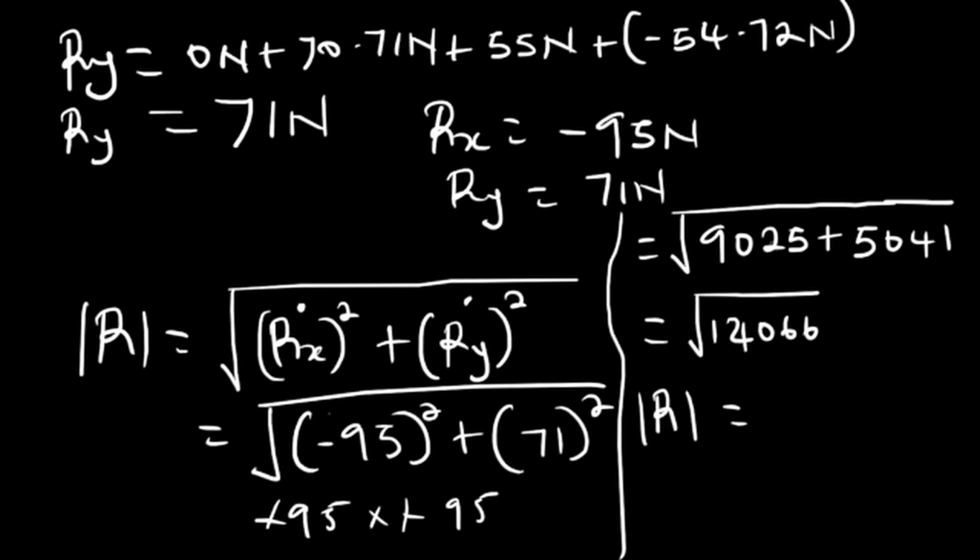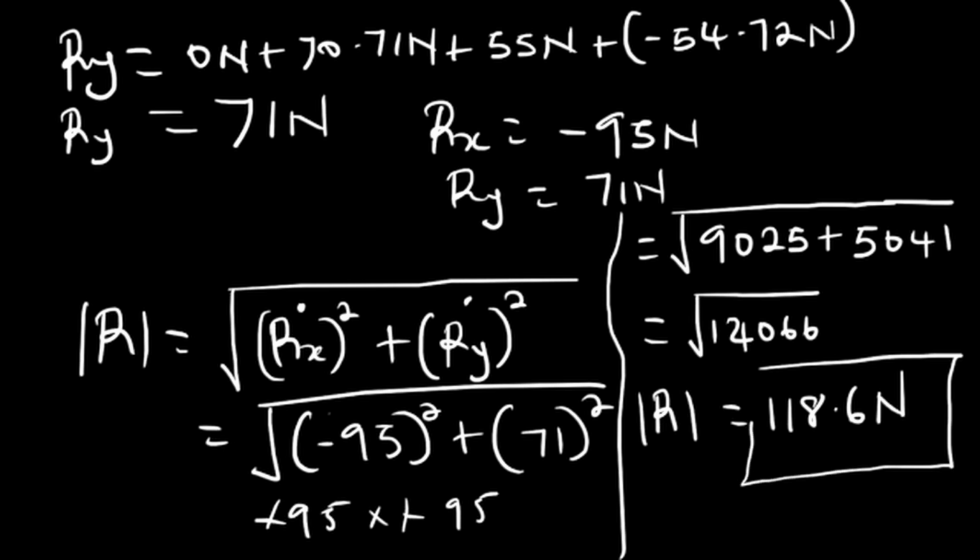So the answer is 118.6 newtons. This is the magnitude of our resultant vector. Okay, now we have found the magnitude.